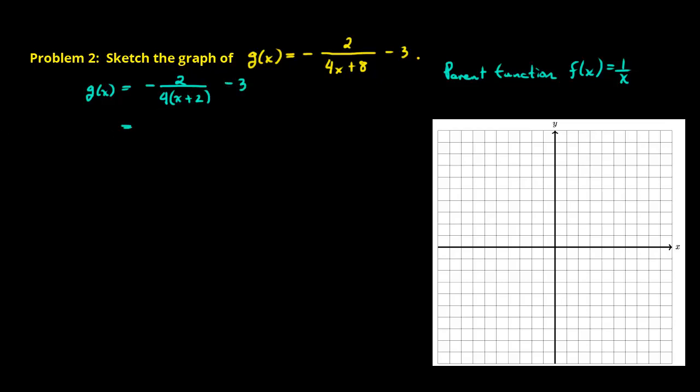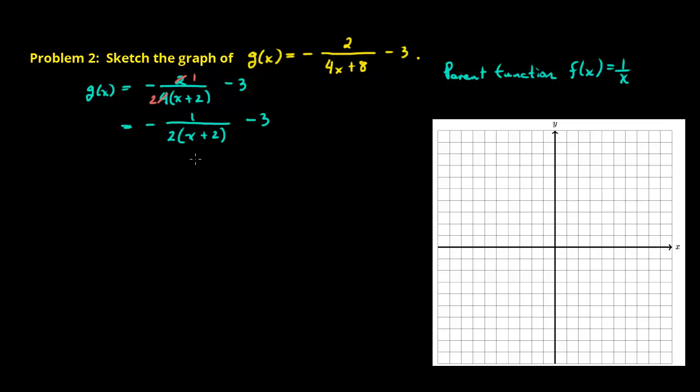And we can now divide out a factor of 2, because 2 and 4 are both divisible by 2. 2 divided by 2 is 1, 4 divided by 2 is 2. So we can rewrite g of x as minus 1 over 2 times x plus 2 minus 3.